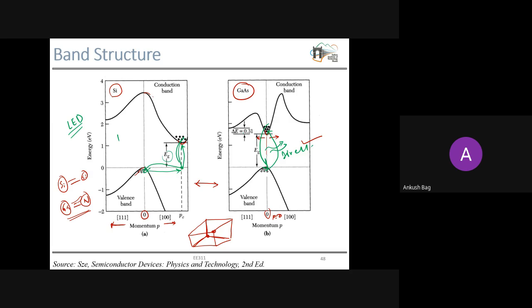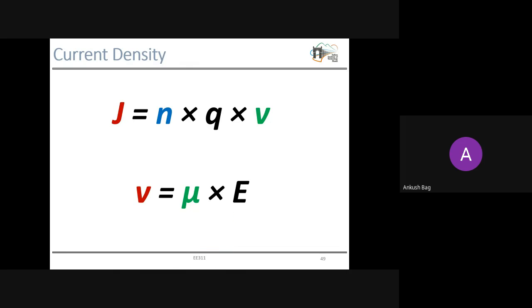Now this is the concept of your band model and band structure. In our electronic devices, we are primarily concerned with the current-voltage characteristics. That is once again called the terminal characteristics: what voltage we give, and what current we are getting.